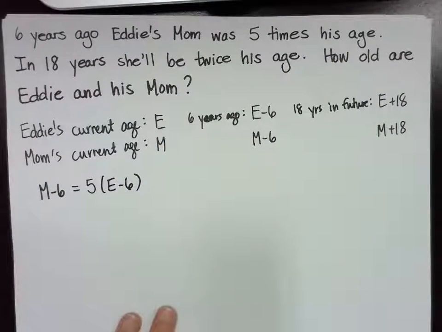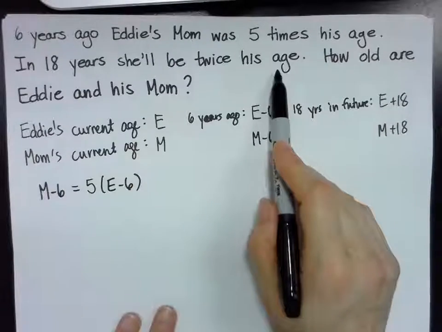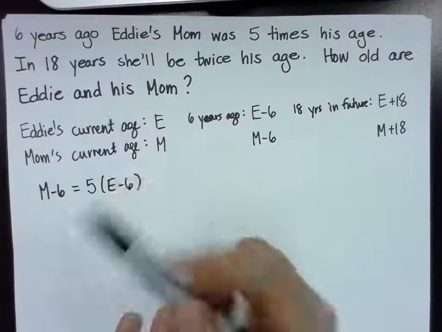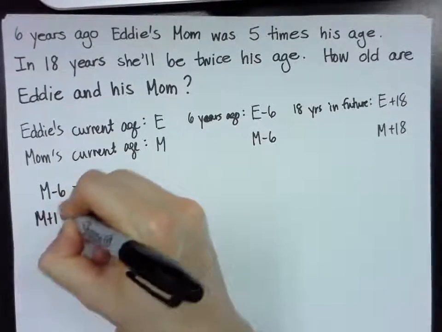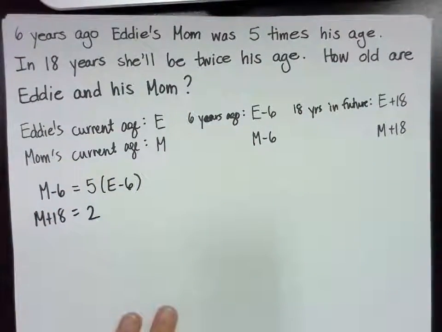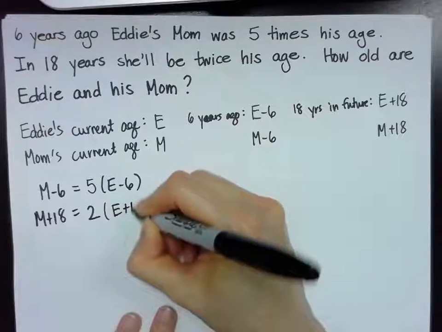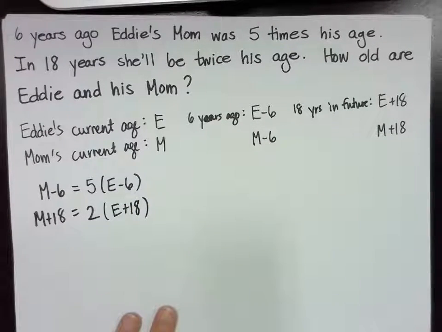So that was the situation 6 years ago, and then 18 years in the future, she'll be twice his age. So in 18 years, she'll be M plus 18, and that will be twice his age, but of course he will age as well, so he will be E plus 18 years old in the future.